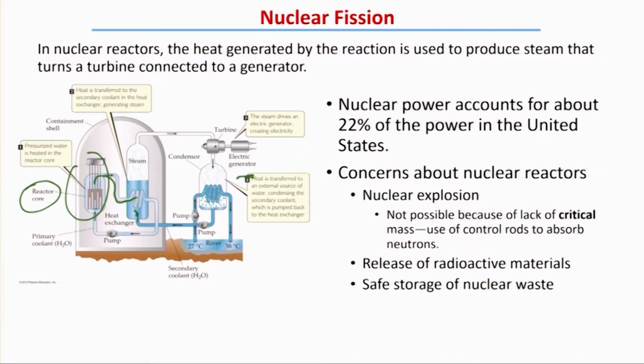A couple of things to note. The U.S. gets about 22%, the most recent figure that I saw, of its power from nuclear power, and it's great. It's a nice closed system, so your nuclear material should not get out at all.